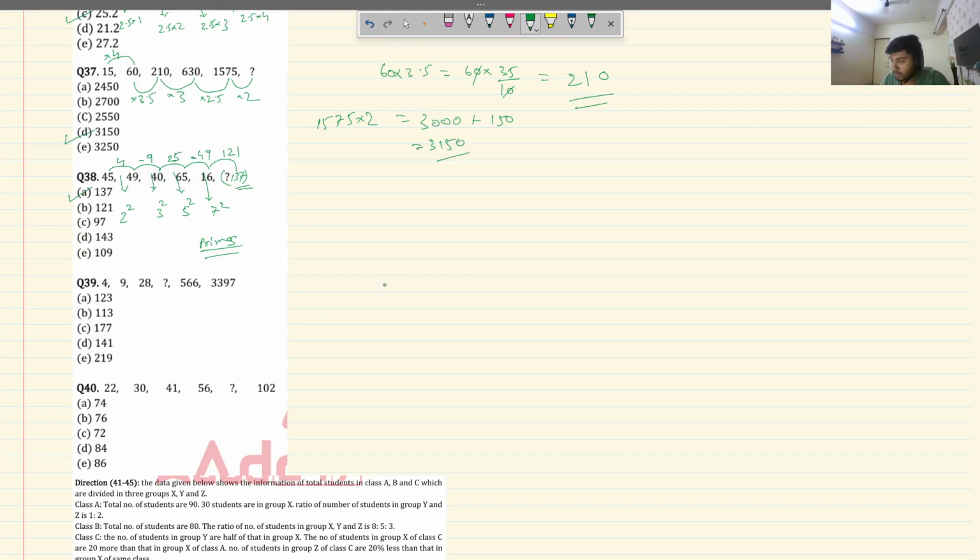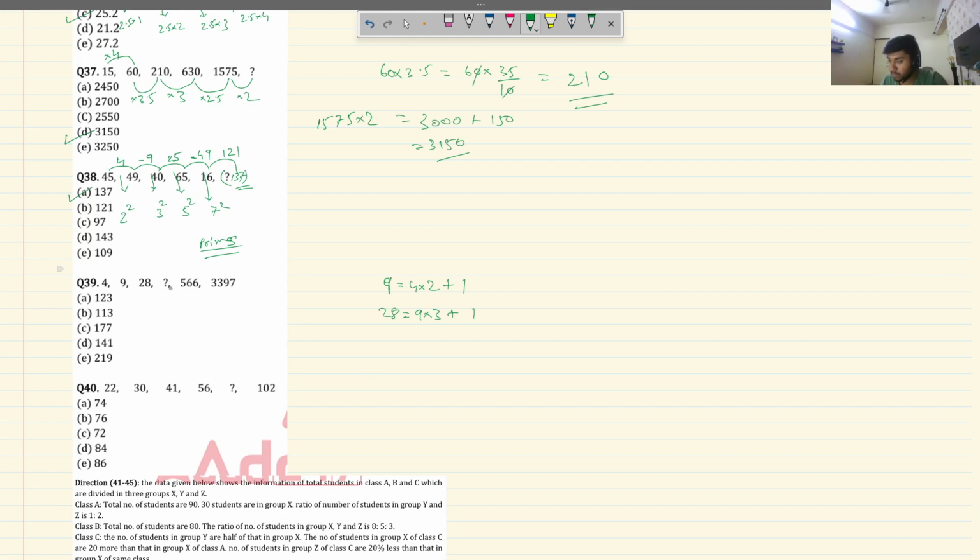By analyzing the first three numbers, 4, 9, and 28, I am seeing that 9 is equal to 4 into 2, 8 plus 1, and 28 is equal to 9 into 3, 27 plus 1.